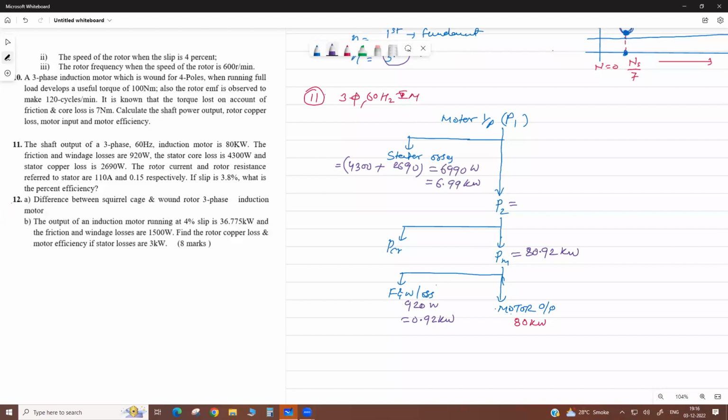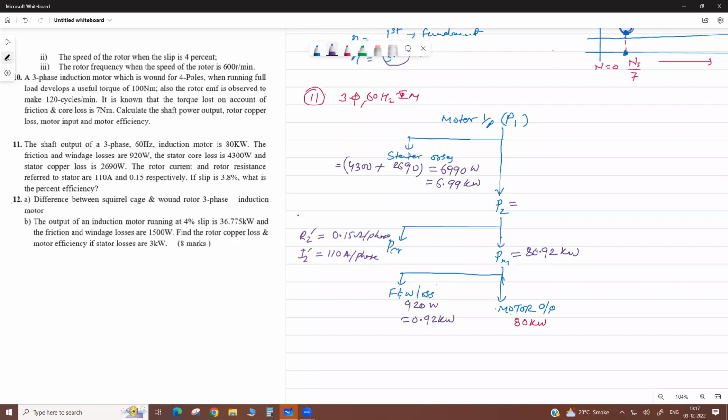Now, my dear, here rotor current and rotor circuit resistance as referred to the stator side are given. They give R2 dash and I2 dash. It is 110 ampere per phase. Please note, always this is per phase. This is given as 0.15 ohm per phase.